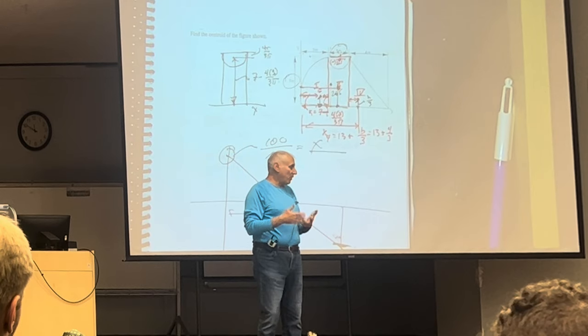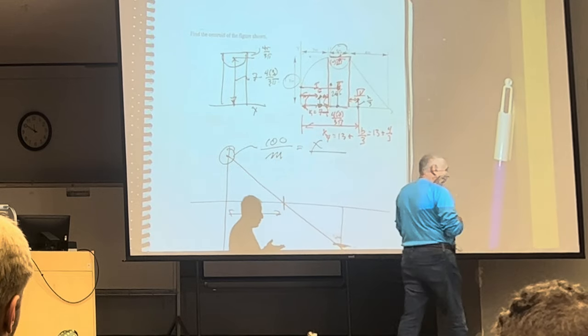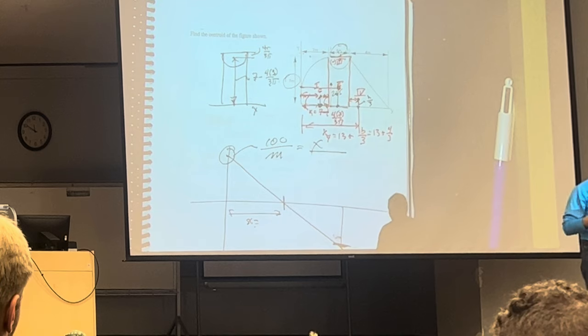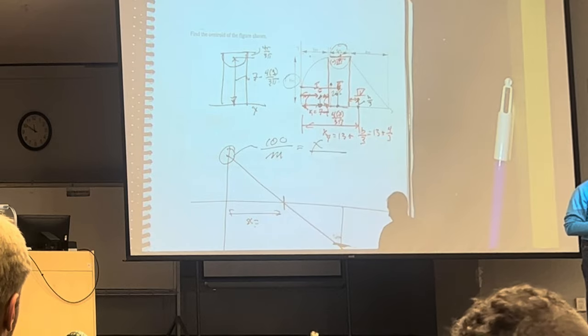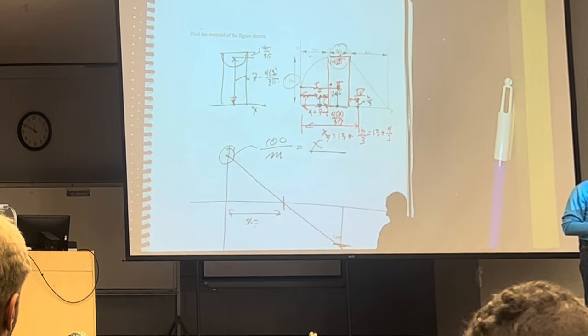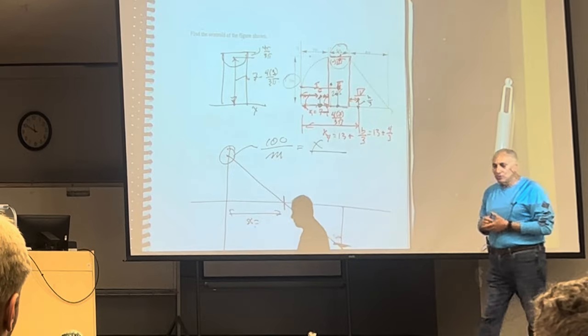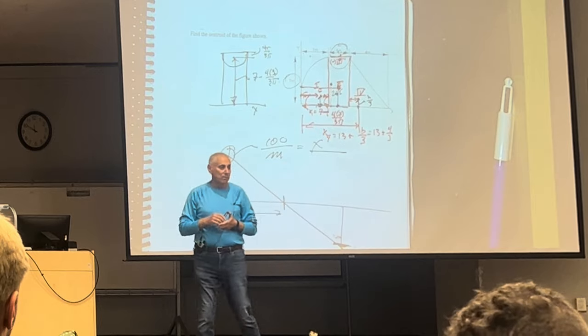And I'm doing frames and trusses because they're important. You need to be able to do them pretty quickly and easily. That free body diagram is so crucial. You can't do a mechanics problem without doing a good free body diagram. Period. Okay?